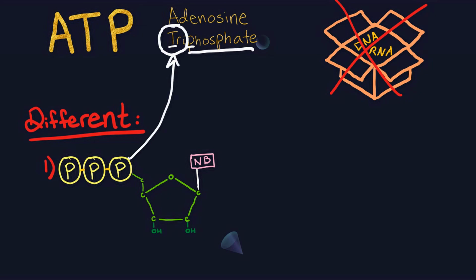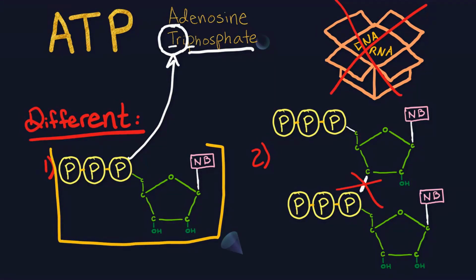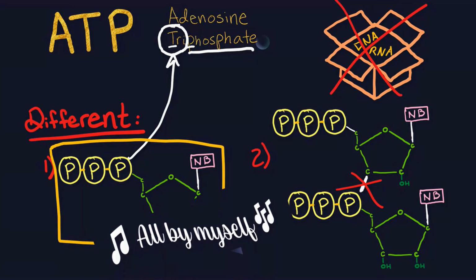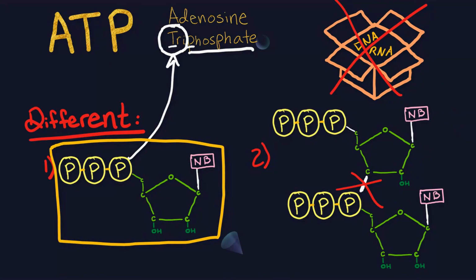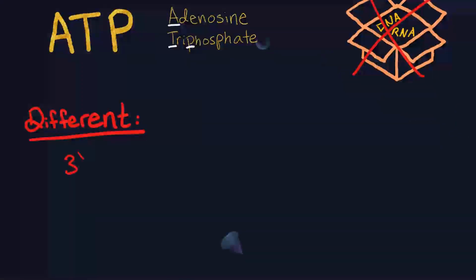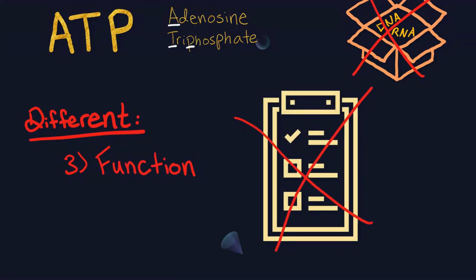And second, it does not polymerize, which means it is always a single nucleotide. It never bonds with other nucleotides to form a nucleic acid. It is always a single nucleotide. Something that is also unique to ATP is its function. It does not serve as directions like RNA or DNA at all.